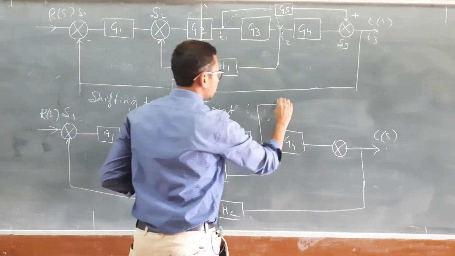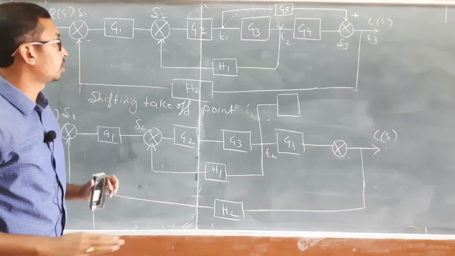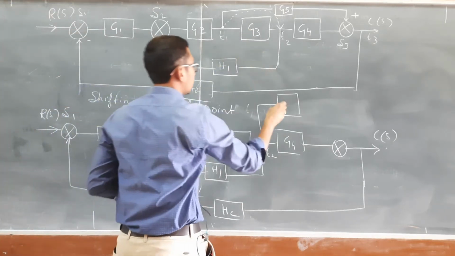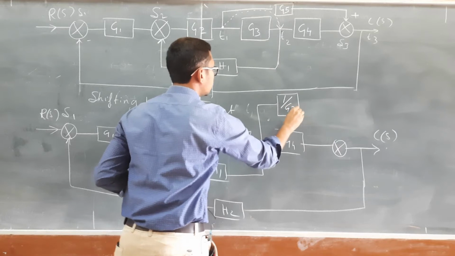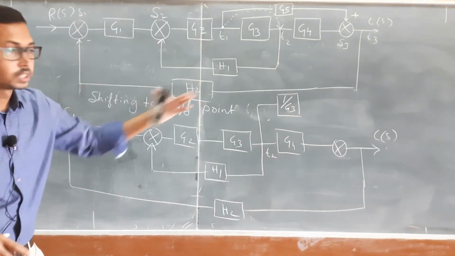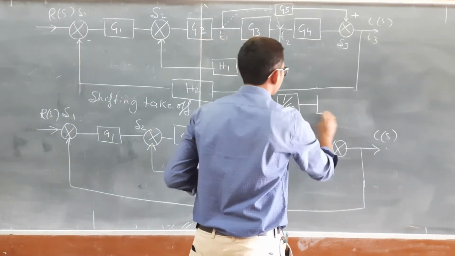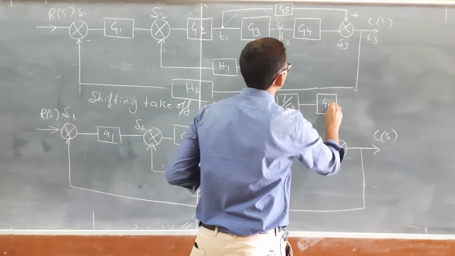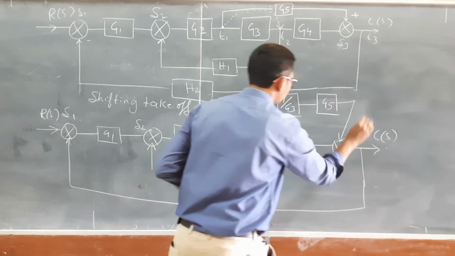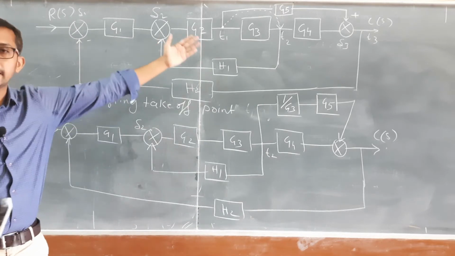Hence, I am going to add another block which is the reciprocal of this. That is what the rule says. If I shift the takeoff point after the block, this is what I need to do. So it will be 1 by G3, and once again back to summing point 3. So this is how I applied the rule.